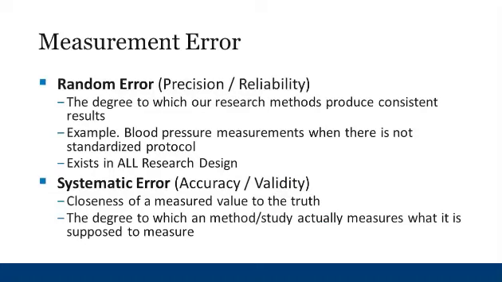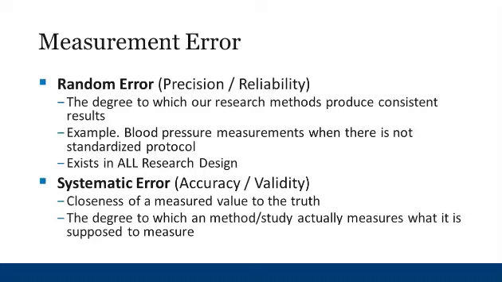As long as those shots that they are taking are closely nested together, they have very little random error. An example, one that we talked about a little bit earlier too, is blood pressure measurements when there's not a standardized protocol. One thing to keep in mind is that random error is a problem of all research designs, so you should always consider it.